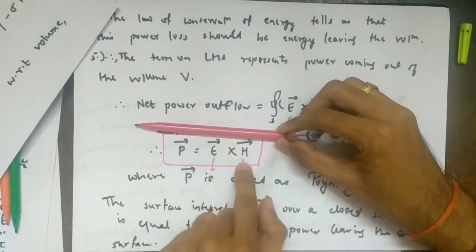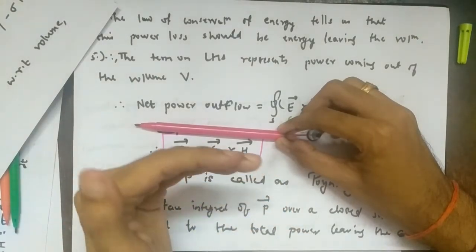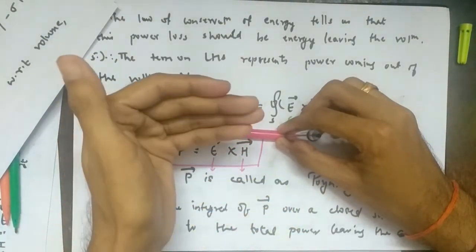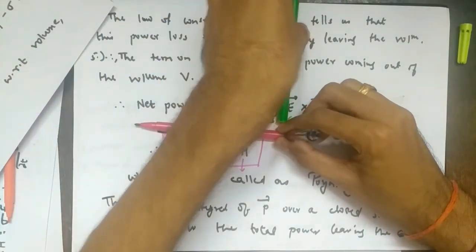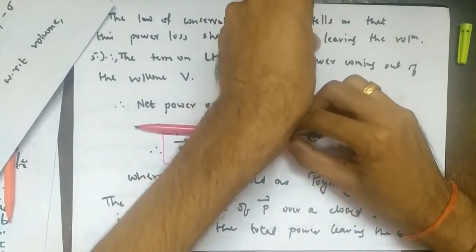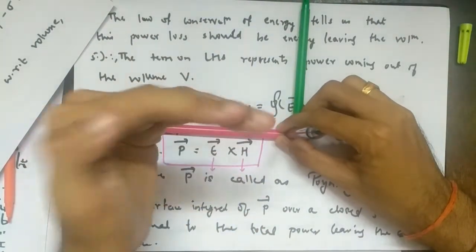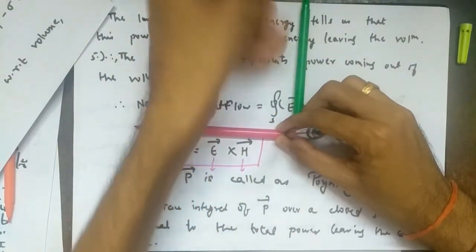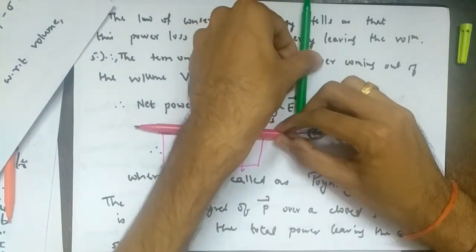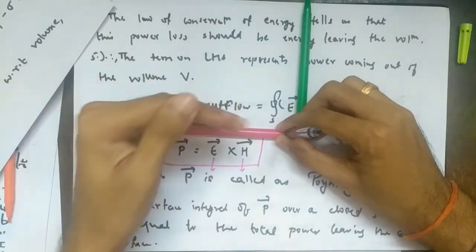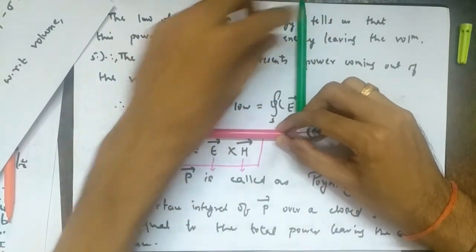From the cross product first lecture of the course, A cross B will always give an answer which is perpendicular to both A and B. So that is either this or this. Let's take this. E cross H vector is the P vector, so for this it is this vector. So this is my P vector, and it is perpendicular to this plane. Means power always travels perpendicular to the plane of E vector and H vector. That is what it is saying.